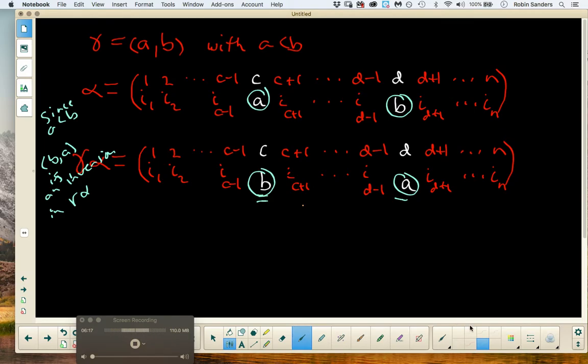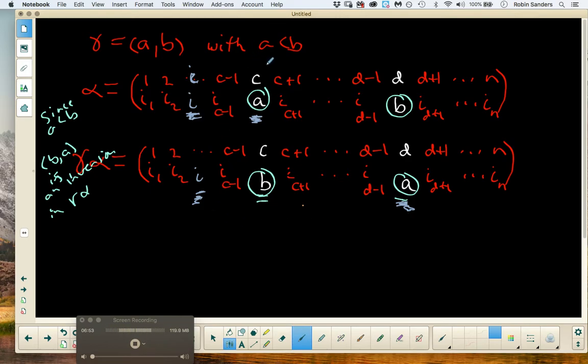Now, what I also want to notice is this. If I take some element I out in this part of the second row, this particular ordered pair, IA, is either an inversion or not up here. If it's an inversion up here, then that same IA is an inversion down here. And if IA up here in alpha is not an inversion, then IA down here is also not an inversion.